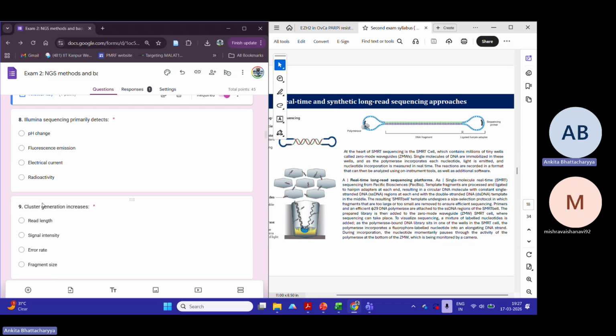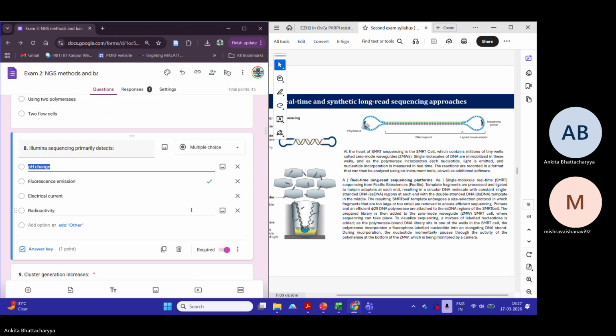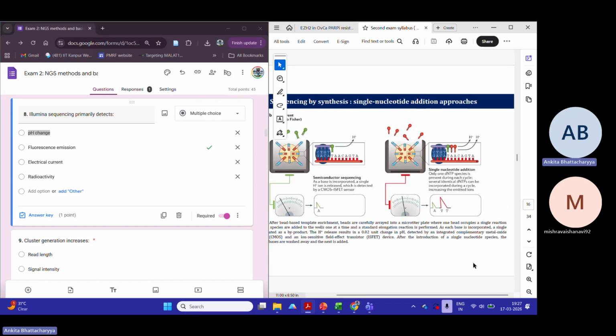Then you have, Illumina sequencing primarily detects which of the following? The options here included pH change, fluorescence emission, electrical current, or radioactivity. This pH change is detected in this strategy by Ion Torrent.